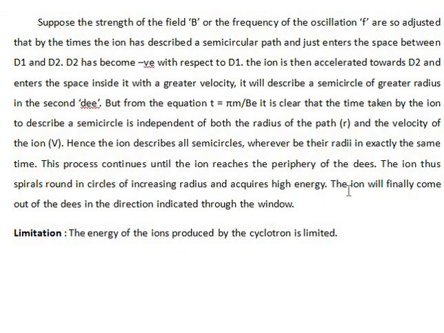The ion finally comes out of the Ds in the direction indicated through the window. Okay? So its limitation: the energy of the ion produced by the cyclotron is limited, in the sense that we cannot make high energy ions in the cyclotron.